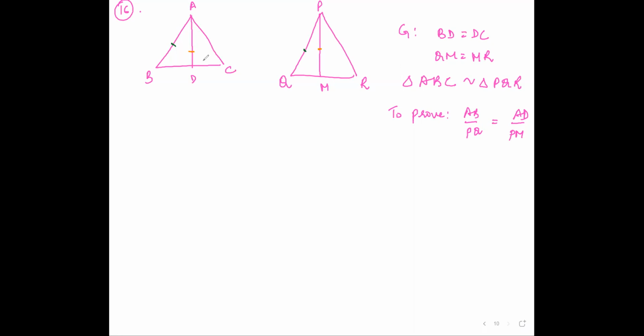Any idea? Ma'am, angle B is equal to angle Q because the triangles are similar. Okay, so what will it give me? Why am I taking angle B equal to angle Q? What exactly am I trying to do? Tell me that. Ma'am, we need to prove that.